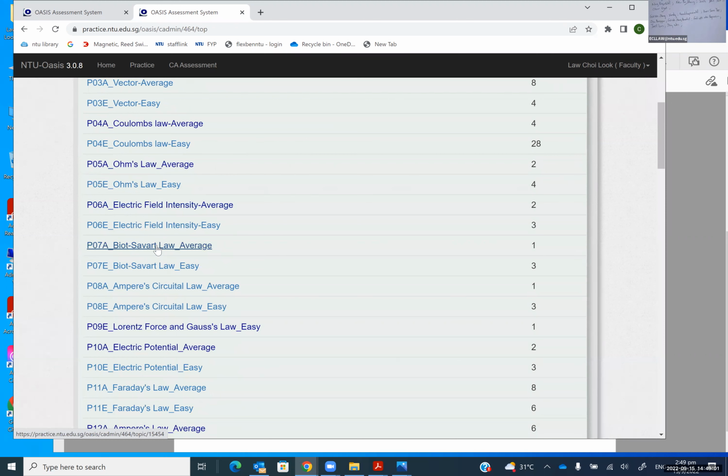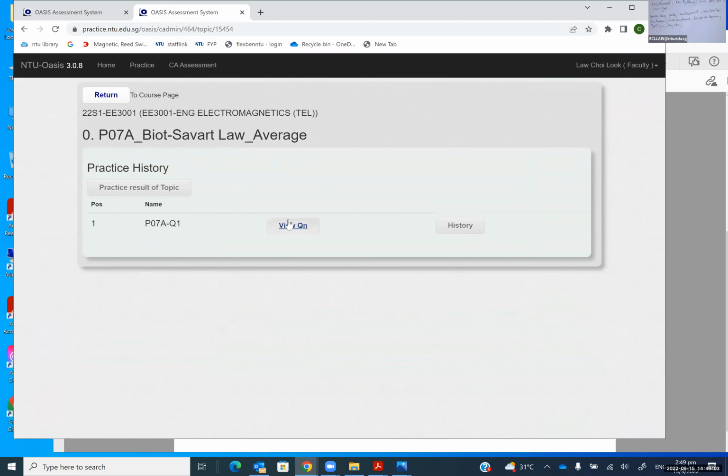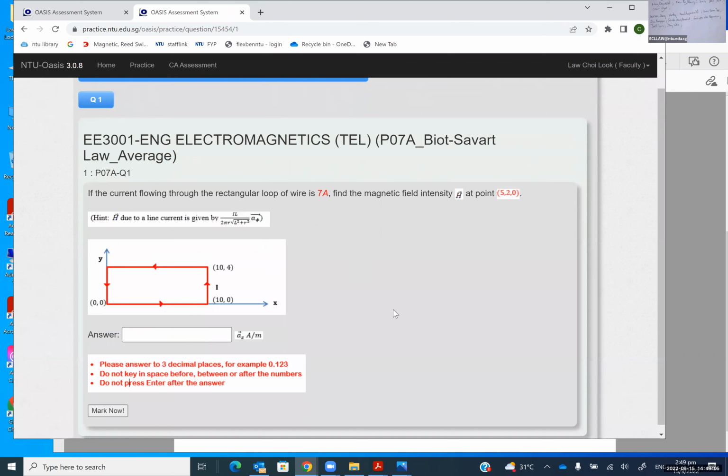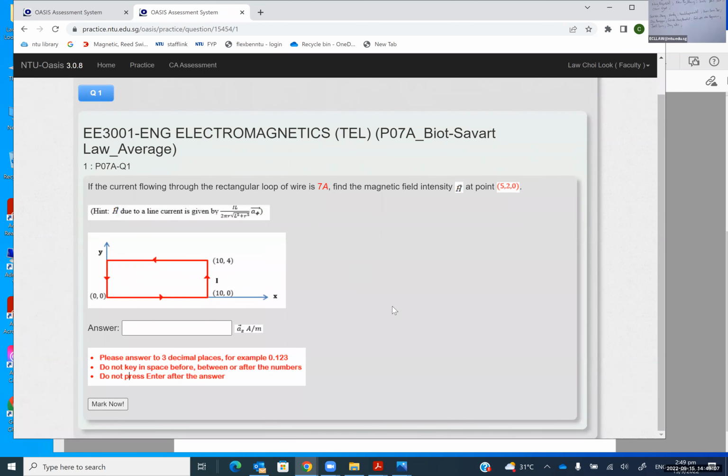Biot-Savart's law. There's only one question here, I think. You're given these 4 wires. You are told that the current passing through is 7 ampere. Find the magnetic field intensity, again a vector, at the center of this loop, where the x value is 5, y value is 2, z value is 0.